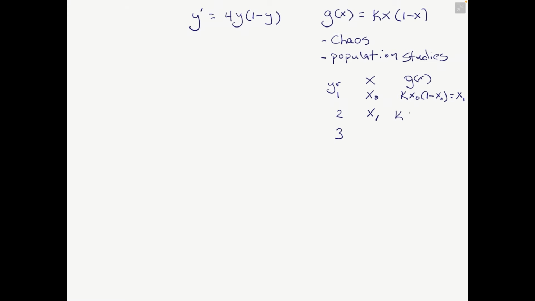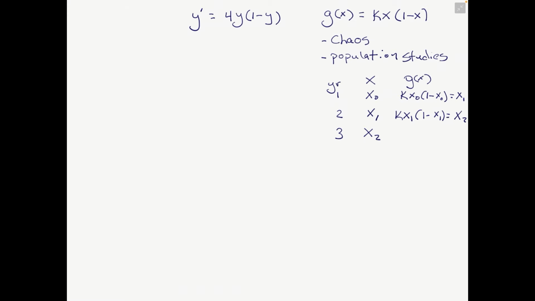So we get k x1 times 1 minus x1, and that gives us x2. And so for that next year, we have a prediction for year 3.